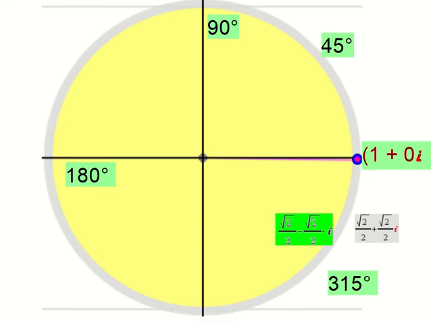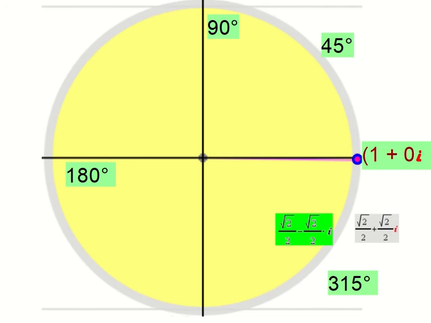So I just made a complete trip around the unit circle using rotations of 45 degrees. And the key here is a rotation of 45 degrees is multiplying by radical 2 over 2 plus radical 2 over 2i.